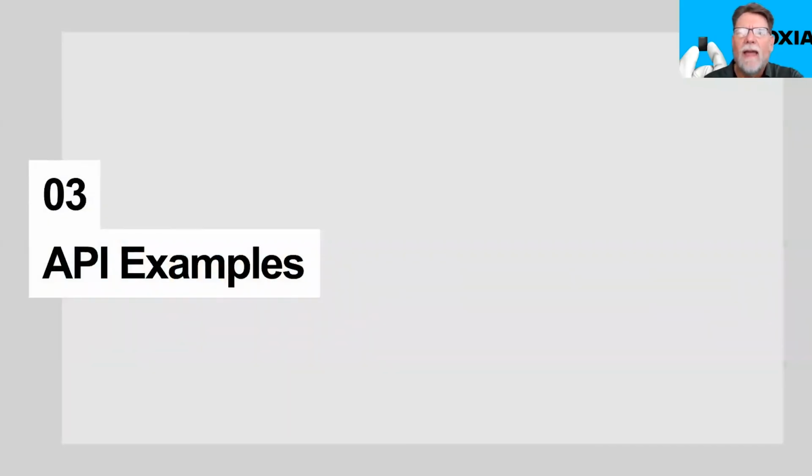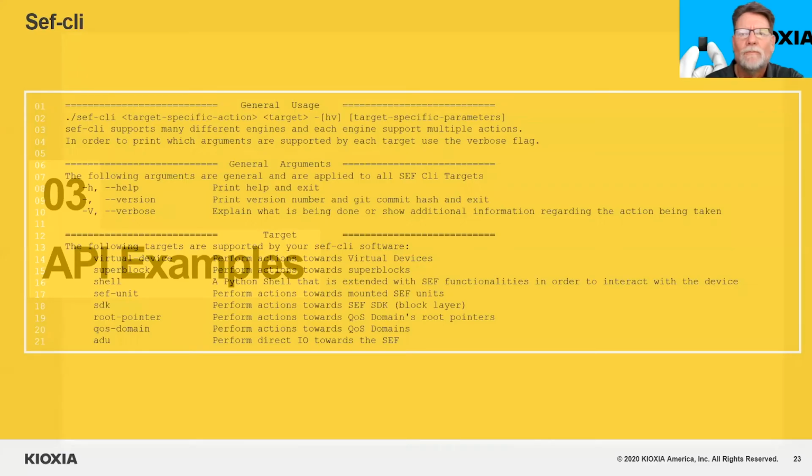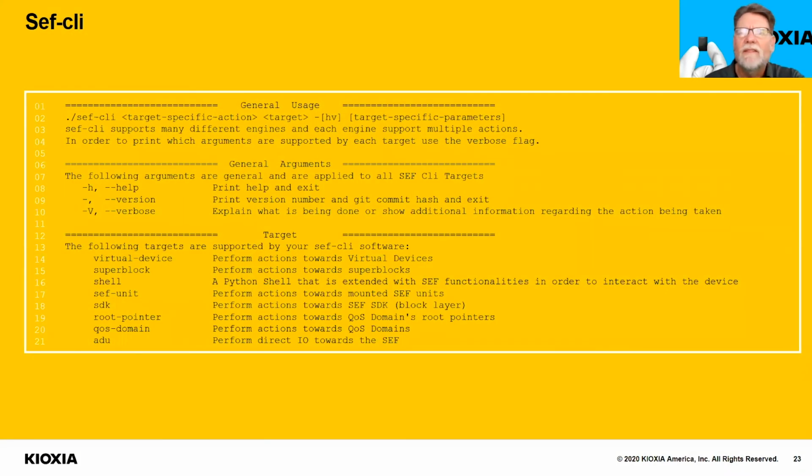And now for some actual examples from the upcoming SDK. SEF CLI is used to configure software-enabled flash devices. It's a command line tool. It's open source and it's included in the software development kit.